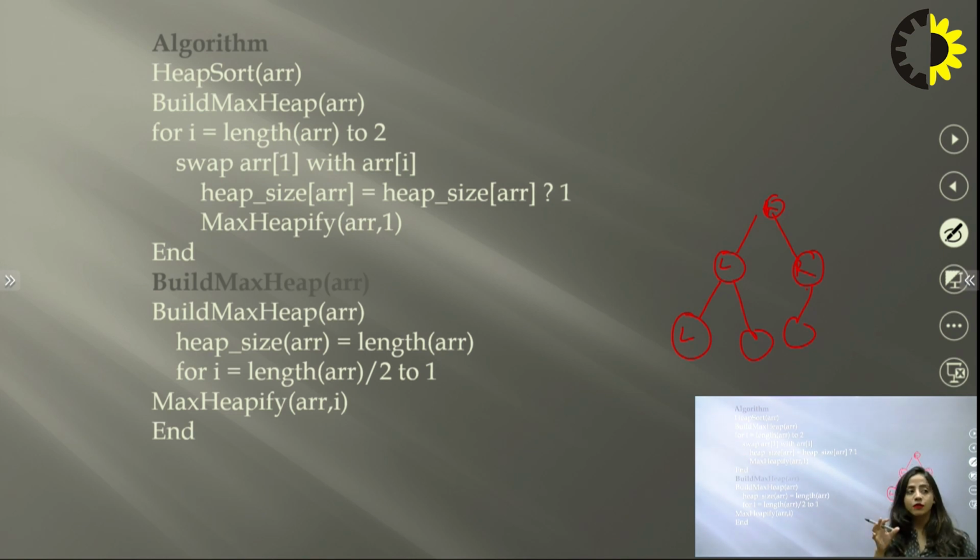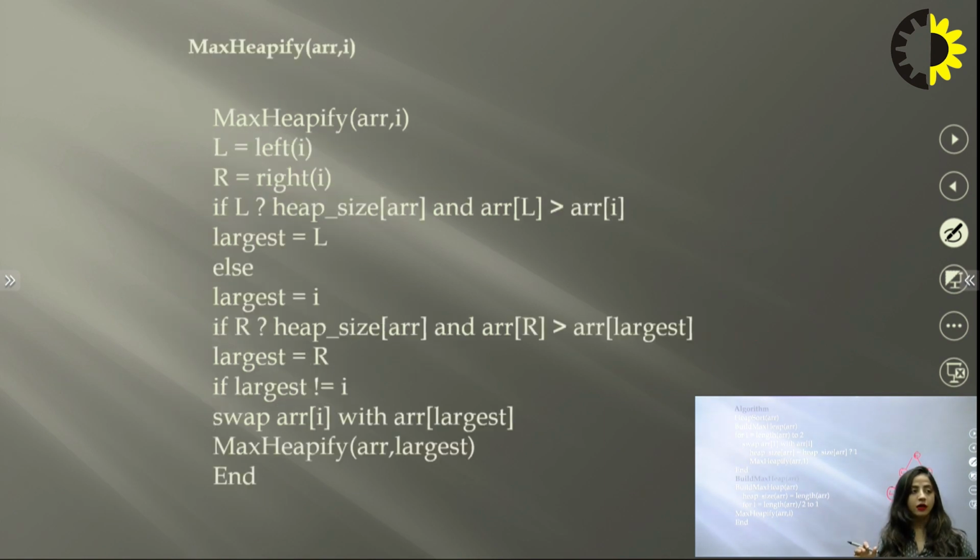Now, heap size of the array should be equal to heap size of the array minus 1. Now apply max heapify on these elements. This is the algorithm for max heapify.